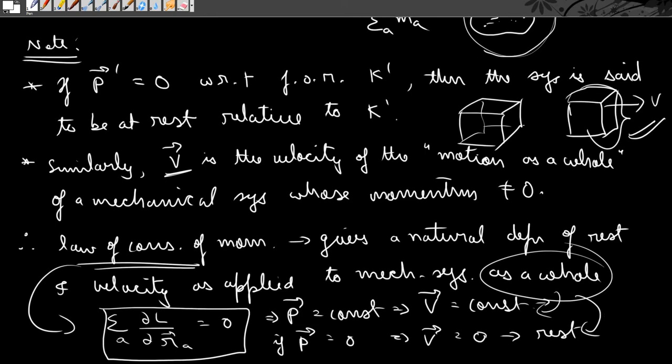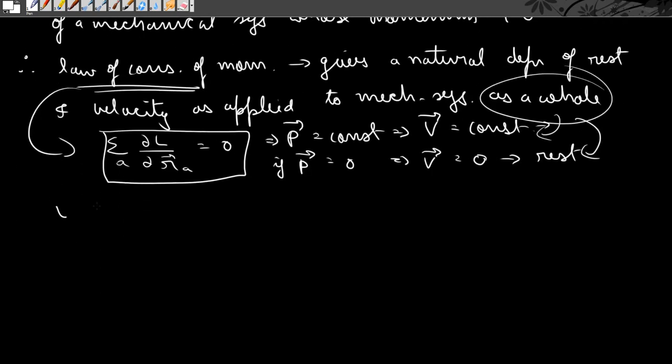Alright. So we have V equal to P by summation over a of m_a for the whole system. This is a definition which comes about as a consequence of the law of conservation of momentum, for the whole system.